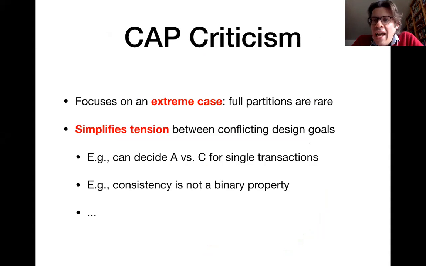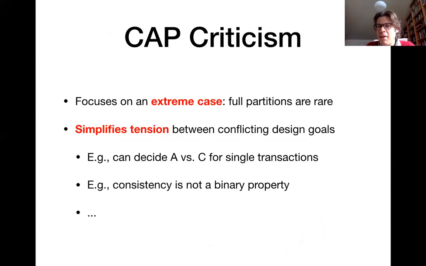Now, the CAP theorem has been criticized. The points that you see here are actually by the original author of the CAP theorem. He wrote another paper later in which he critically discusses it. Among the points mentioned are, for instance, that the CAP theorem focuses on relatively extreme cases.